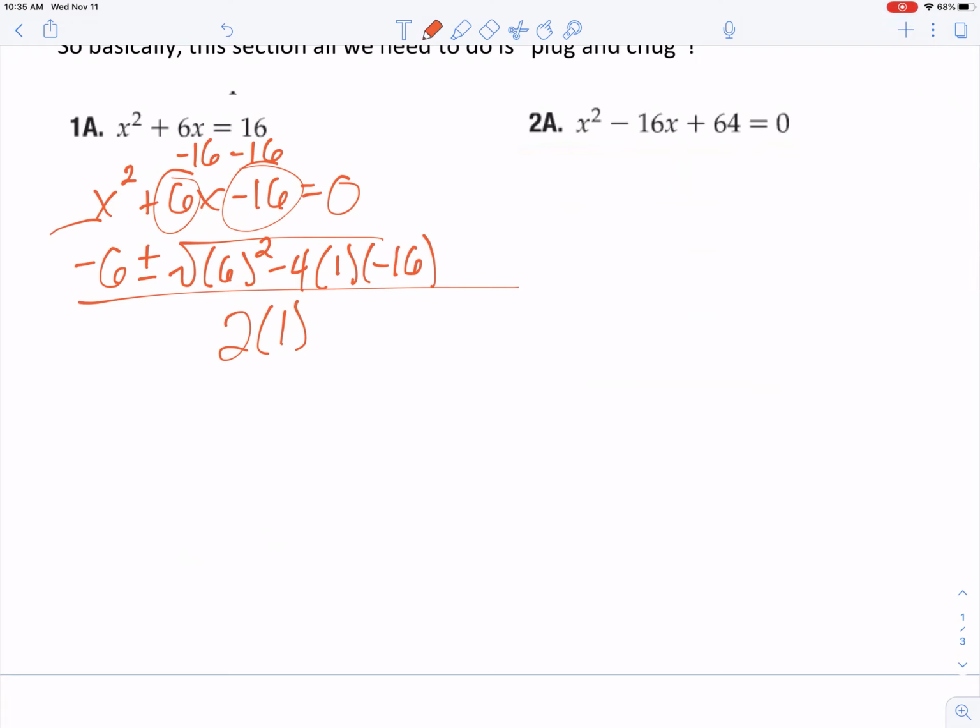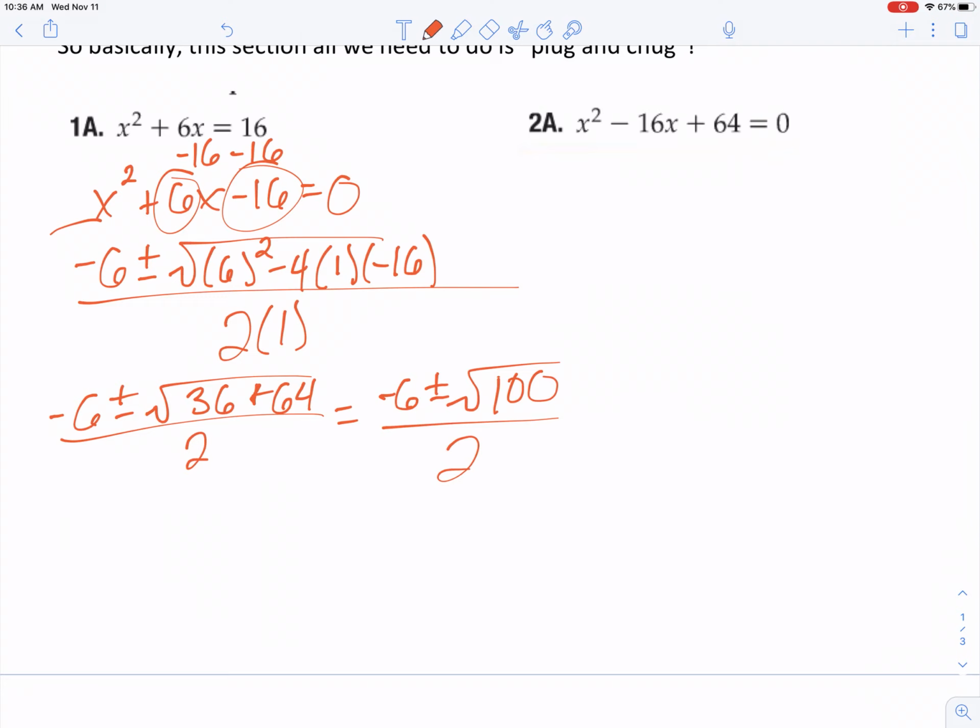So 6 squared is going to give me 36. And if I do a negative 4 times 1, that's negative 4. And negative 4 times negative 16 is now going to give me a positive 64. 2 times 1 is 2. If I simplify 36 plus 64, that's 100.